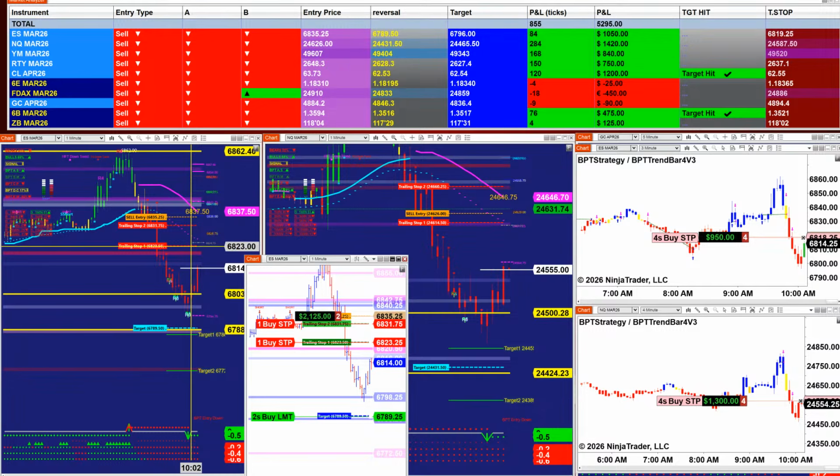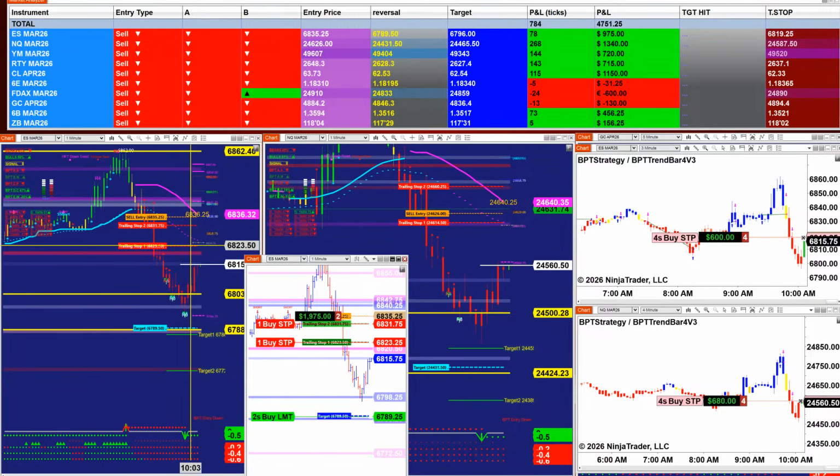There's a double resistance re-entry at 6823. You don't have a long trade, be careful. It's only short trades.